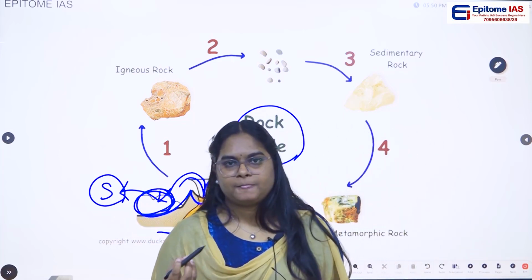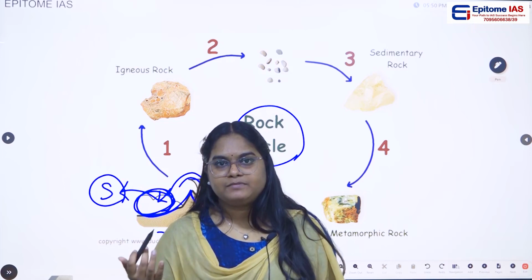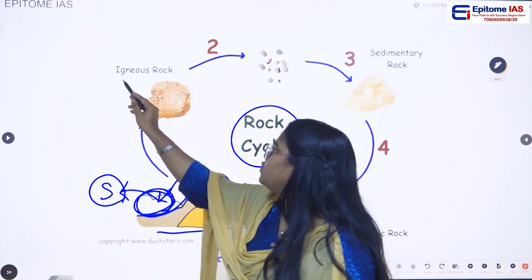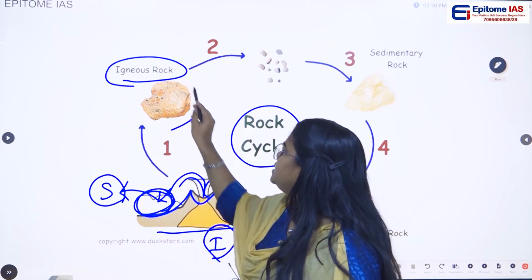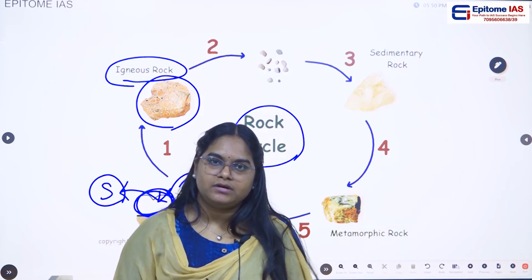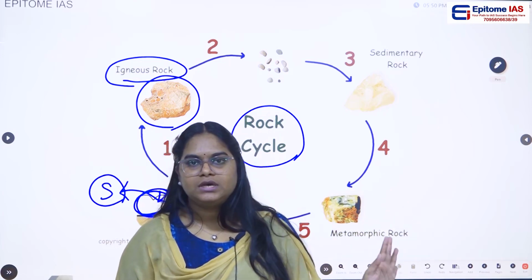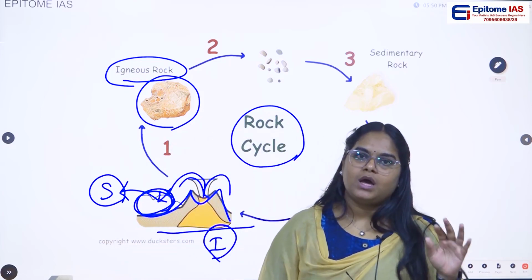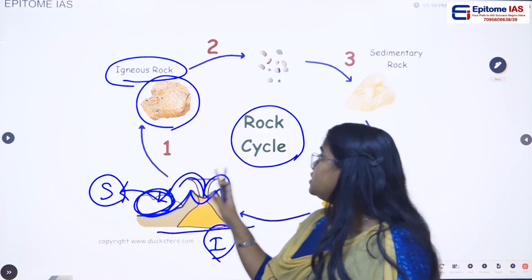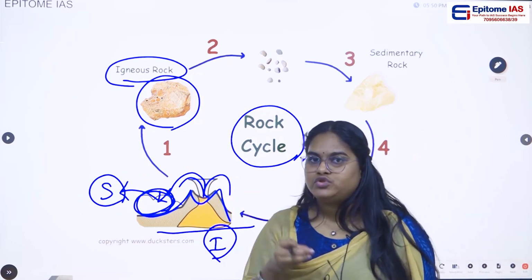Both these solidified features, after some time, are going to form some rock. These rocks are called igneous rock. So igneous rocks are nothing but the solidified magma, be it inside the earth or outside the earth, no issues. Then what happens? This igneous rock will go through weathering.